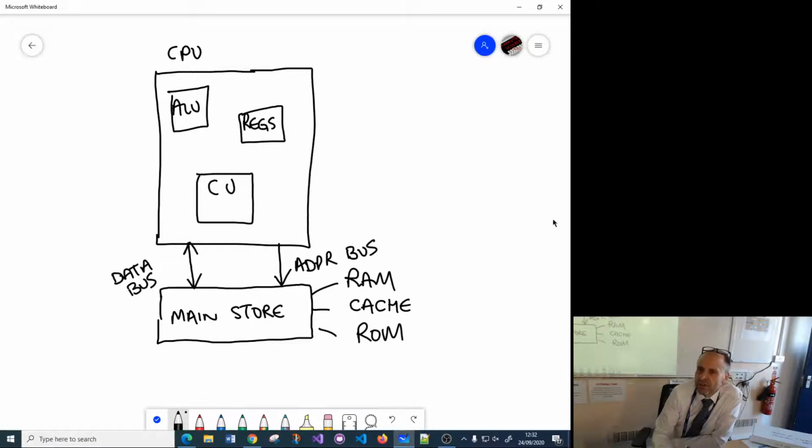What else have we got connected? There's two things connected. I'll draw them this way. There's two things that are connected to the control unit. One that goes in and one that goes out.